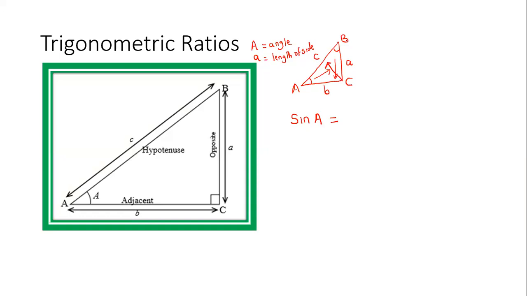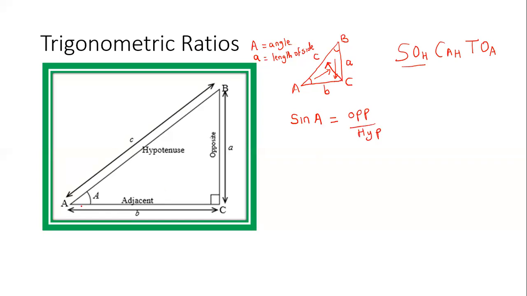I want you to tell me that when I'm getting sine A, I use this and this. Very good. People are remembering the acronym we called SOH CAH TOA. Now we know that sine A is the first one, which is opposite over hypotenuse.